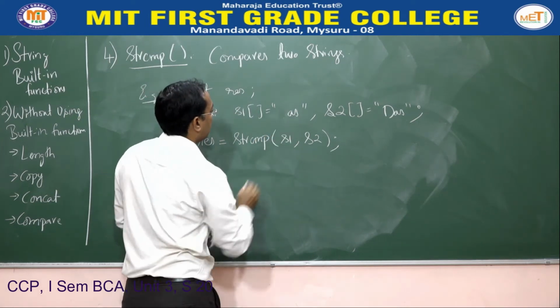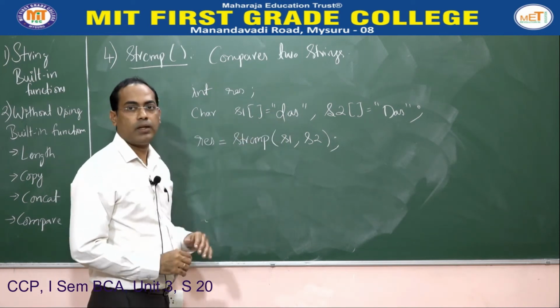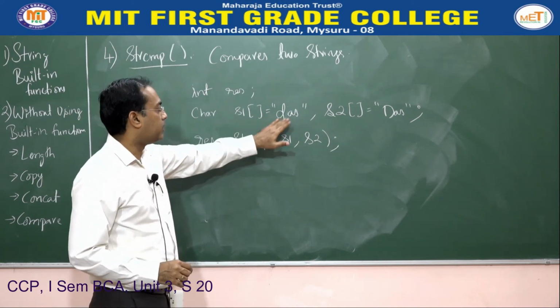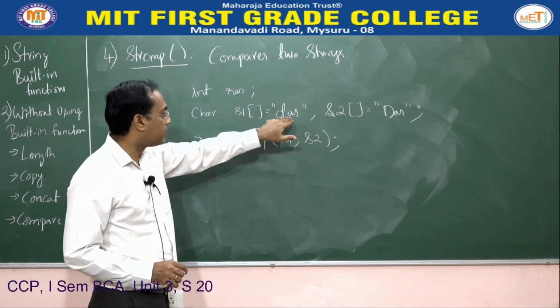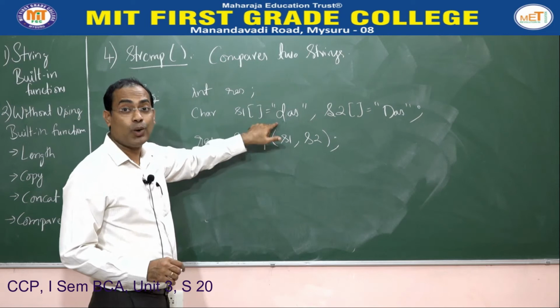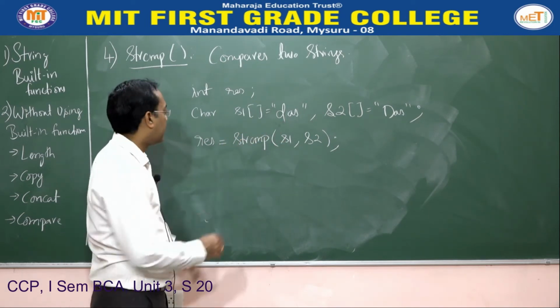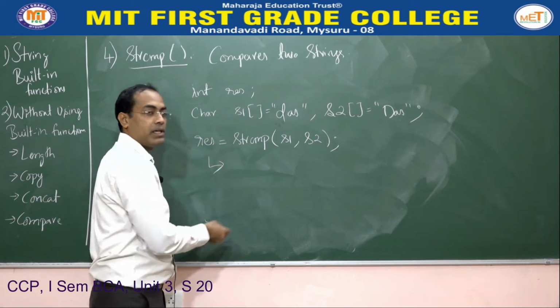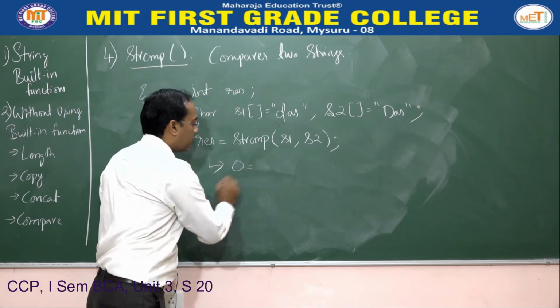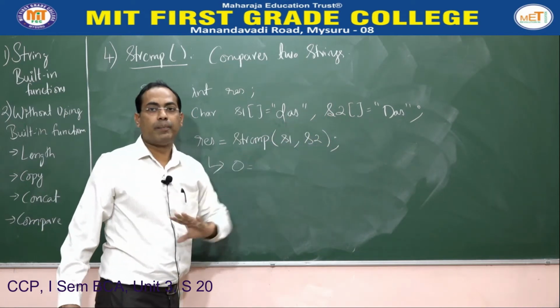Suppose I change it to lowercase. So both are having the same name, that is thus and thus, but here in this case it is a lowercase alphabet. So this will return a value which is not equal to 0, because this and this are completely different.